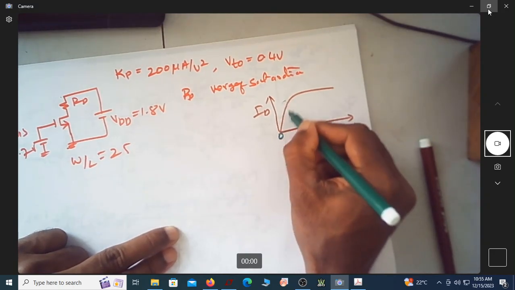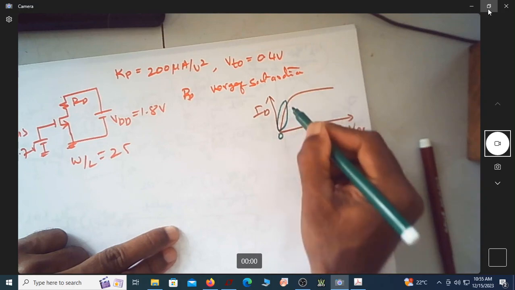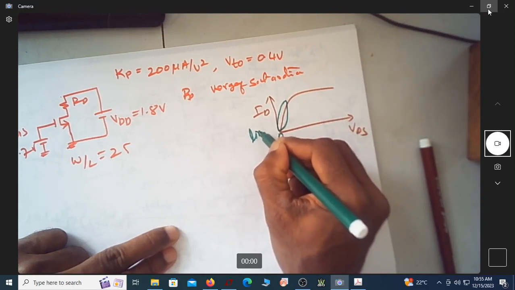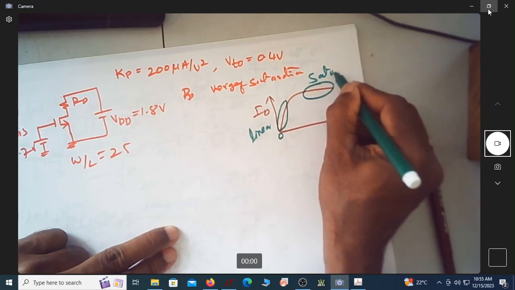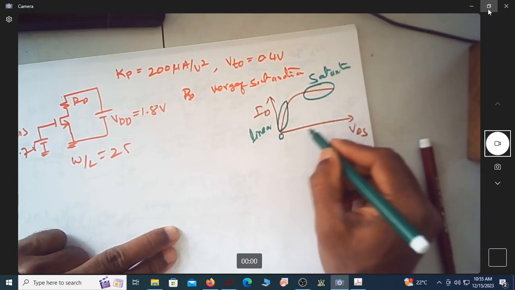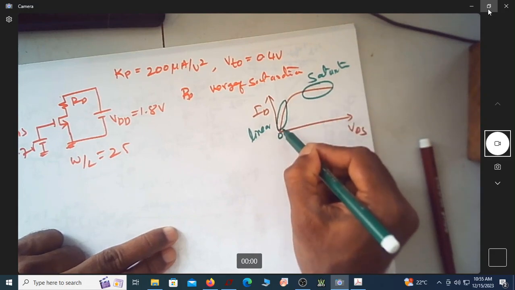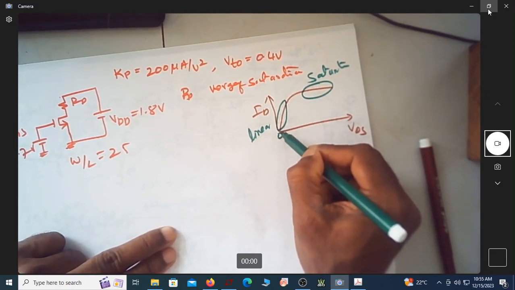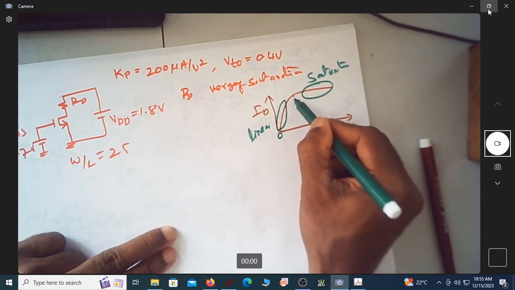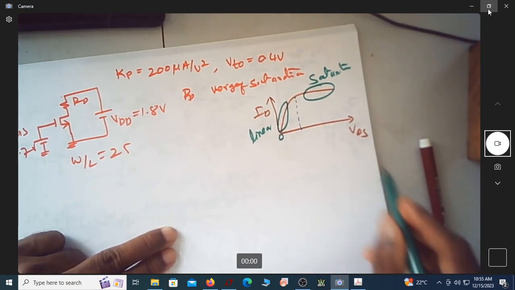So this is the linear region. This region of operation of the MOSFET is linear, and here it is saturation, where the current is almost constant irrespective of the value of VDS. So we have a transition from linear to saturation region, which we call verge of saturation. So this is typically verge of saturation.